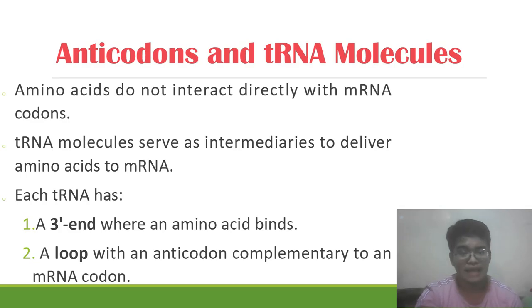So the second important feature is that the loop opposite the open end of the clover leaf is the site for a sequence of three bases called an anticodon. The anticodon is a three nucleotide sequence on a tRNA molecule that is complementary to a codon on an mRNA molecule.